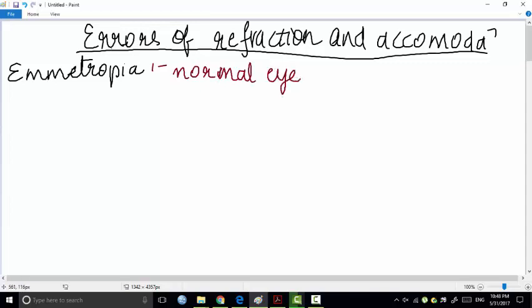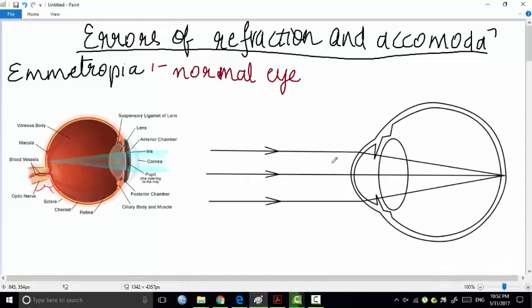If you see the focusing of eyes on the retina, these both are emmetropic eyes. In these normal eyes, the parallel rays from infinity are focused onto the retina.